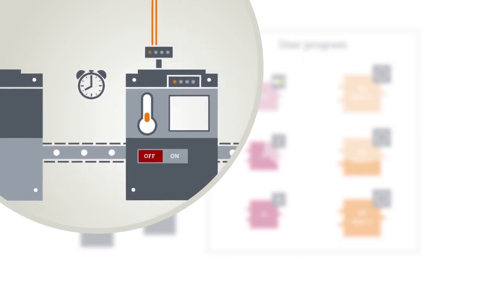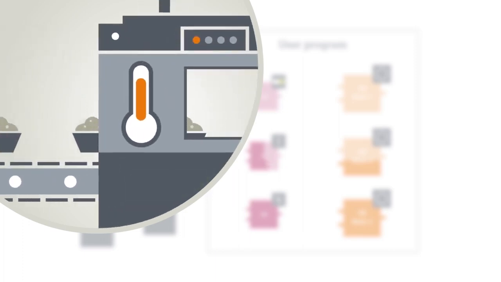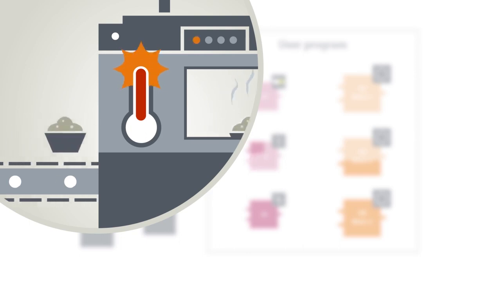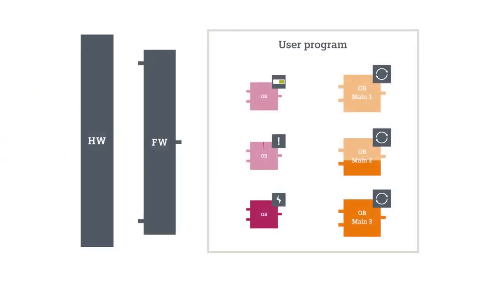That could be the switching on of an oven at a specific time. External events, such as signals from the machine, are handled by process alarm OBs. An example of that could be a set temperature being exceeded. Once the alarm program has completed, the controller continues working off the interrupted cyclic main program.